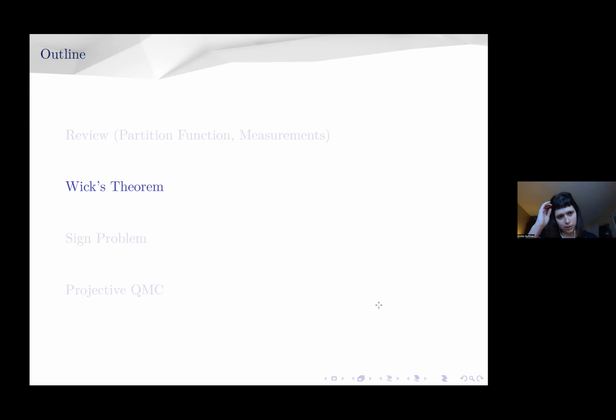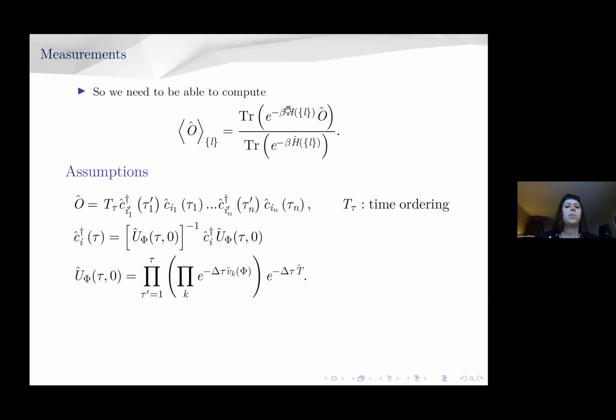So the main point then is we need to be able to compute this observable for a particular configuration. And that's where Wick's theorem is going to come in. You've seen some glimpses of it even from Francesco's talk earlier, talking about the observables there.